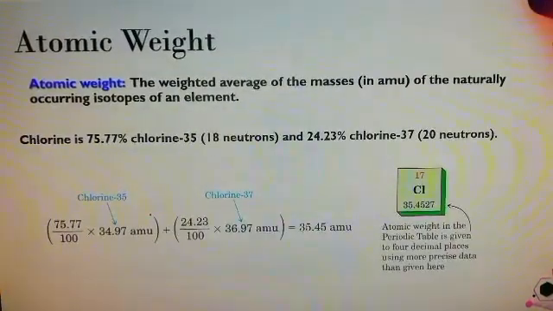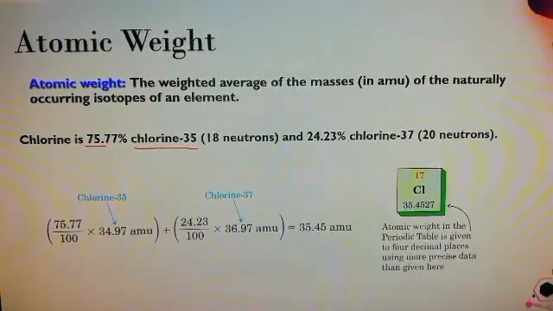Okay. So most elements found on Earth are mixtures of isotopes. So the weighted average mass in atomic mass units, or AMU, of an element's naturally occurring isotopes is called atomic weight or atomic mass. So for example, we have chlorine. Ang chlorine 35, nag-exist siya naturally 75.77%.